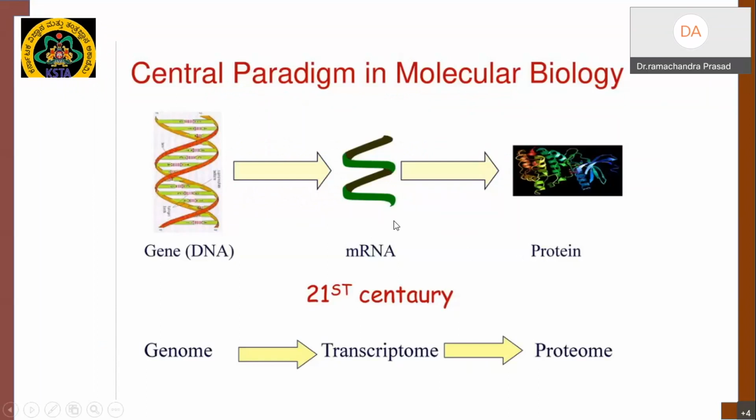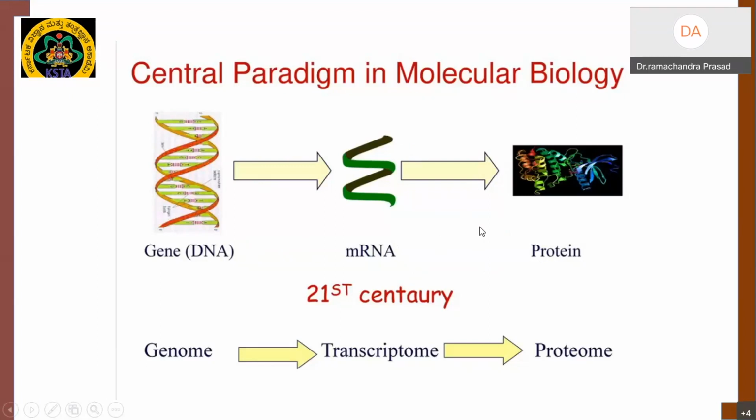This mRNA transcript translates into a protein. So this is the overall feature or vision of molecular biology, where scientists from all over the world are working on how this system works, gene to DNA to mRNA, mRNA to protein.